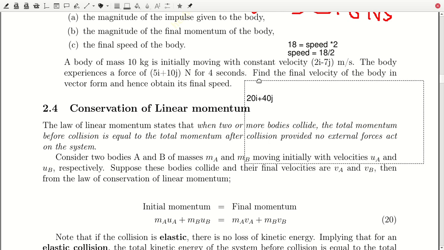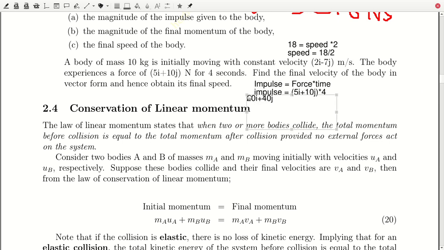So now the other part we have to determine, the remaining part. They are saying we get the final velocity of the body in vector form.